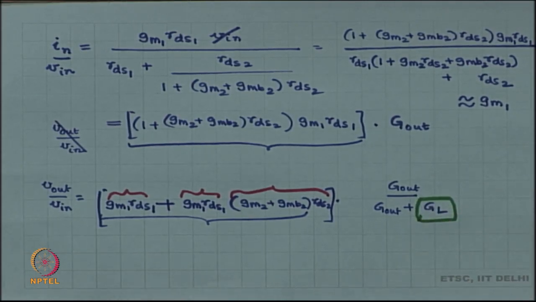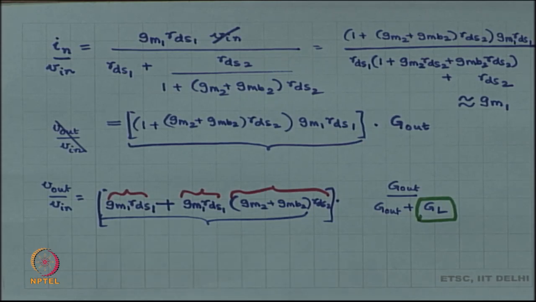Just like last time when we did the common source circuit, everything depended on the value of Rd. All of the intrinsic gain was gm times rds, but then at the end there was a parallel with Rd.